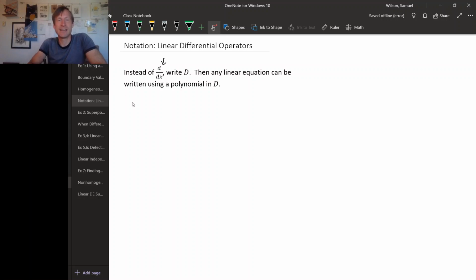So just as an example, if we have a differential equation, say, d squared y dx squared plus 2 dy dx minus 4y equals e to the x.